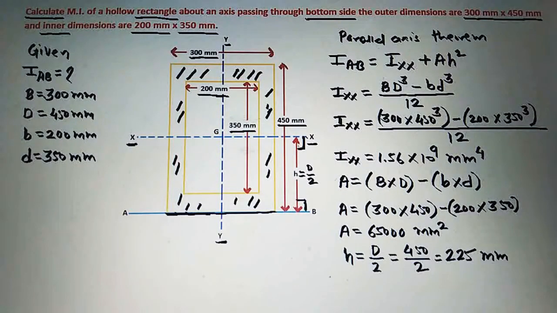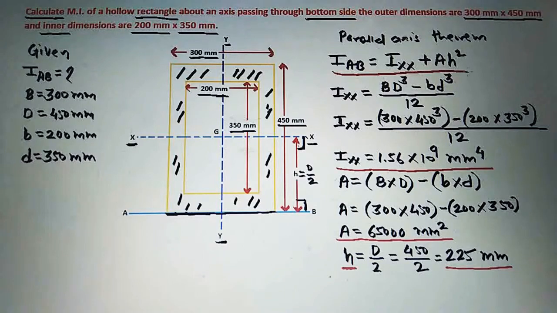Now if we put the values of Ixx, then value of area A, then value of this height h in this formula of IAB is equal to Ixx plus A h square, then we can write IAB is equal to, what is Ixx? It is 1.56 into 10 raised to 9 plus, what is area? It is 65,000 into, what is h?